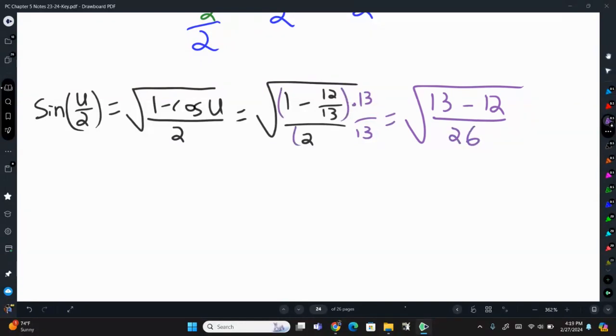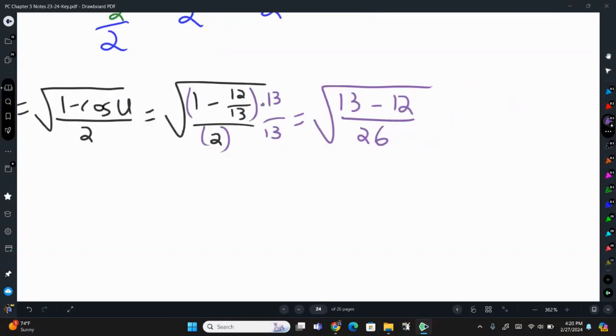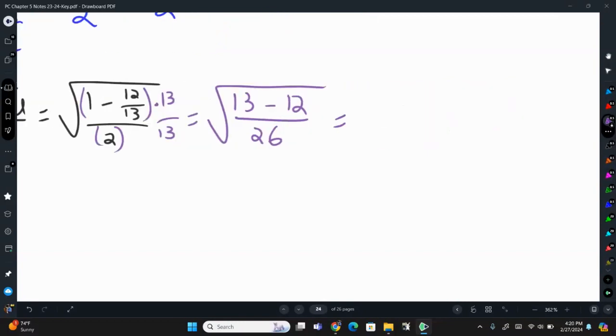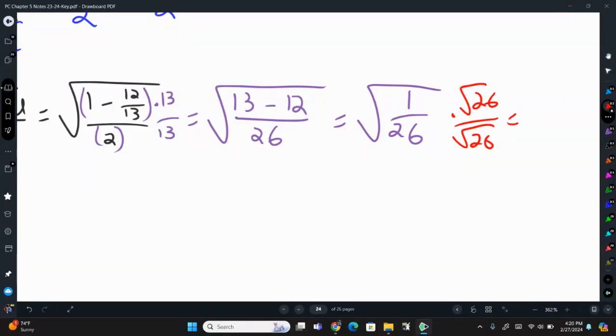Again, we're distributing. So then we get the square root of 1 over 26. Well, we know we can't have the square root in the denominator, so multiply the top and bottom by the square root of 26. So we get the square root of 26 over 26.